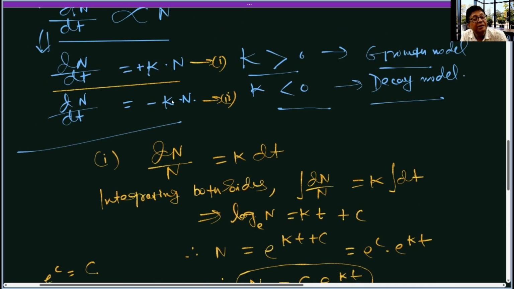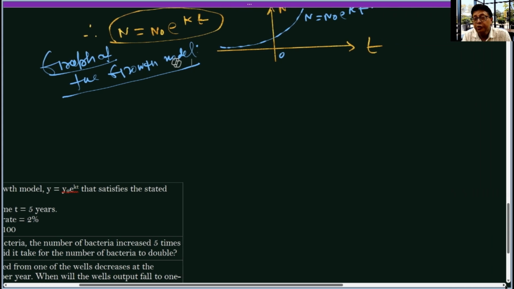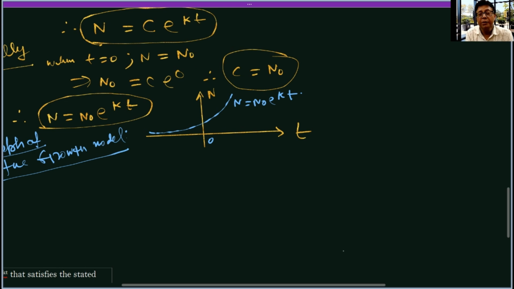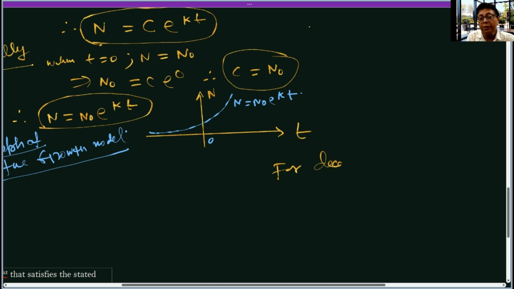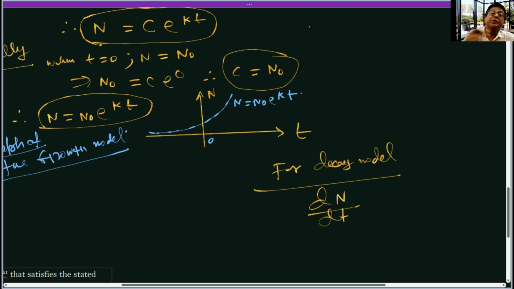What happens there? dN/dt equal to minus kN. Let me derive it in detail for you, so that you remember better. For the decay model, dN/dt, radioactive disintegration and evaporation of perfume come under this category.